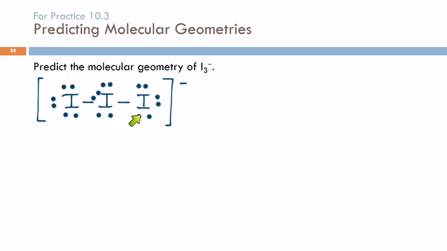And this one has 0 formal charge. And let's look at this one. It came in with 7, and now it's got 1, 2, 3, 4, 5, 6, 7, 8. So that would be a negative 1 formal charge. But we have to have a negative 1 formal charge because of the negative 1 charge on the ion. So it's probably reasonable to stick the extra pair of electrons in there.